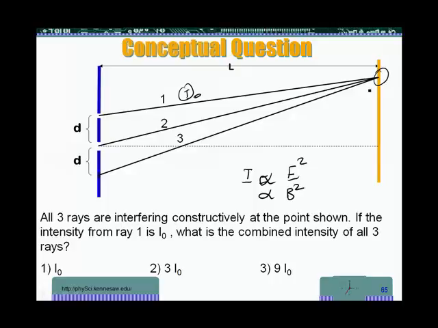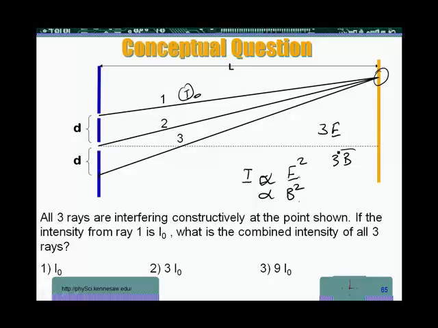Now, when the waves add up, remember we think of the electrical field or the magnetic field. That's what an electromagnetic wave is. So when the 3 waves add up, I'm going to have 3 times E, or 3 times B. The 3 amplitudes are going to add up.